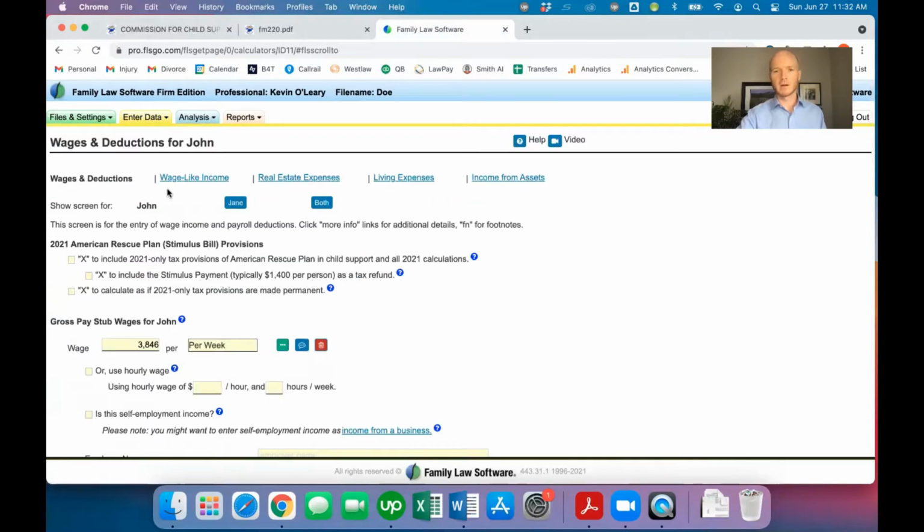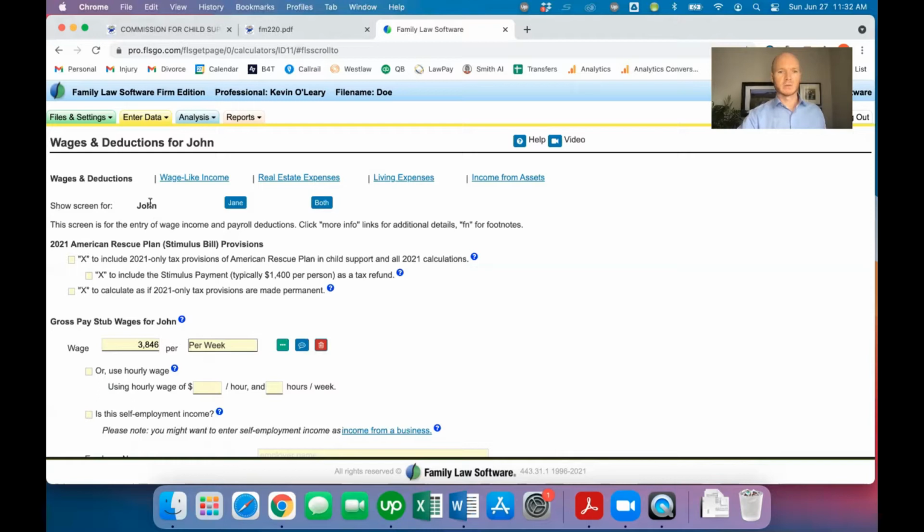So you have to enter the income of both of the parents. And child support awards are usually based on a weekly child support amount. And for income, the courts usually look at weekly income on the financial affidavits and on the child support guidelines.